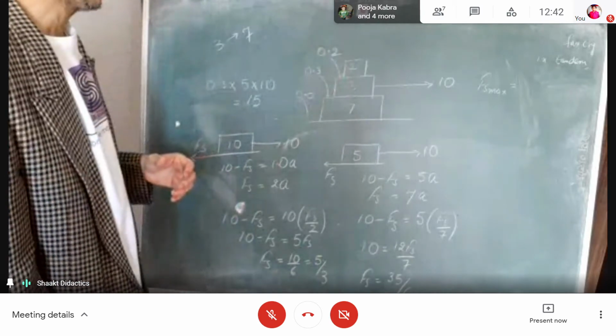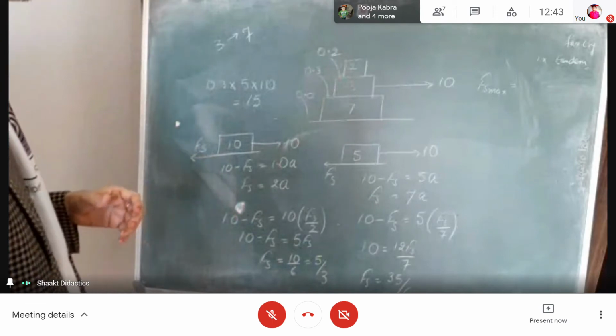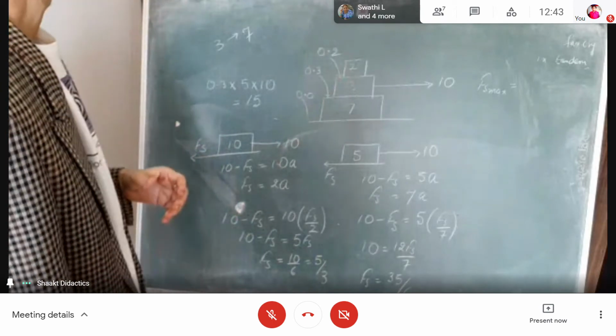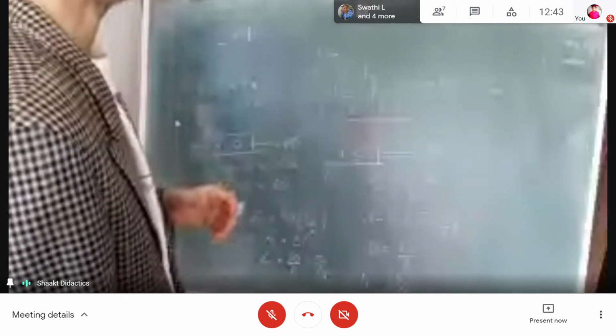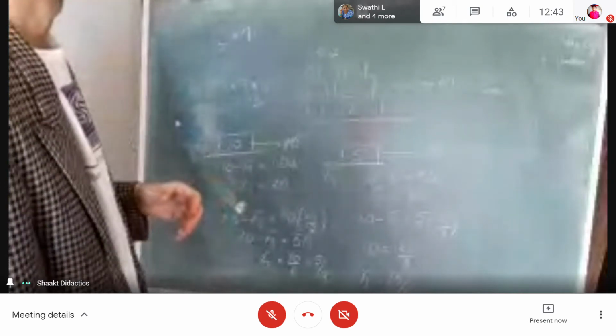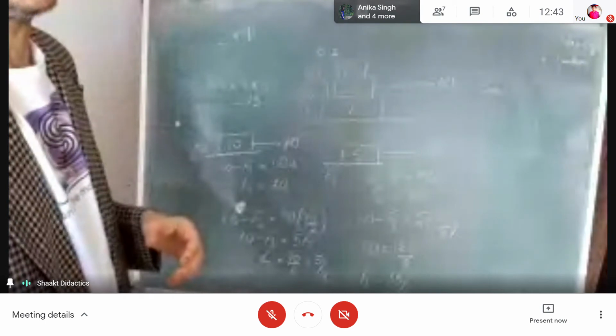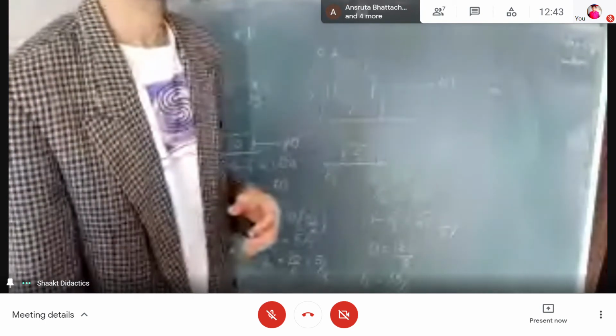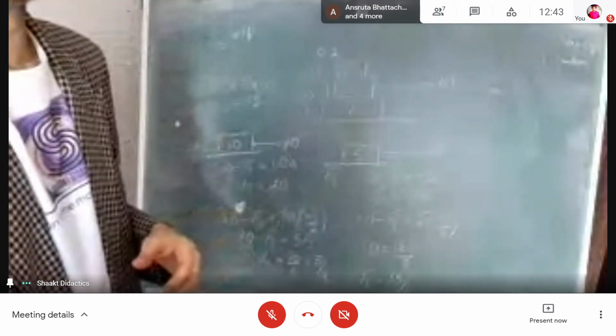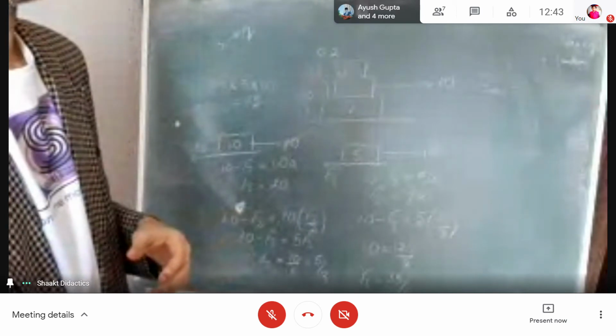What maximum it can provide. How do I get Fs maximum? Which two surfaces you are checking for relative motion, Anshuta? Sir, we are checking for 7 and 3.